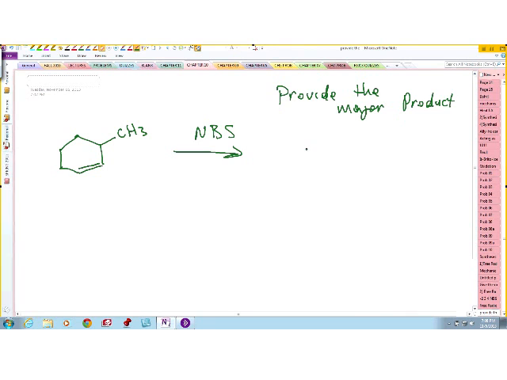In order for you to do that, you need to know the order of stability of free radicals. So let us give that to you. Order of stability of free radicals.